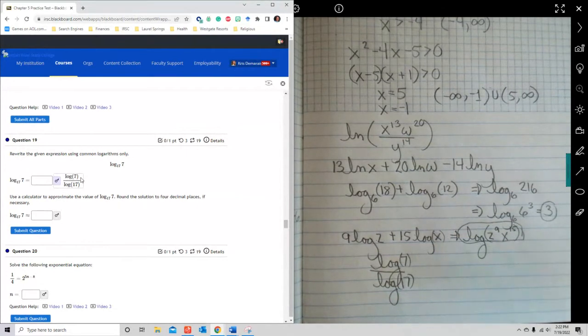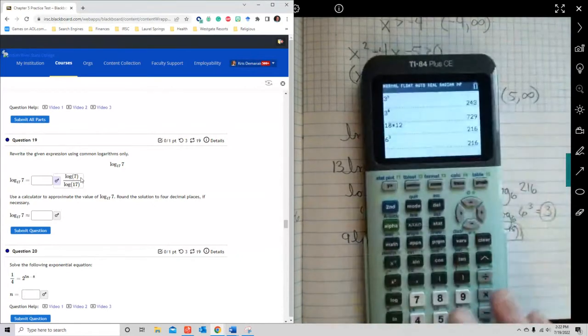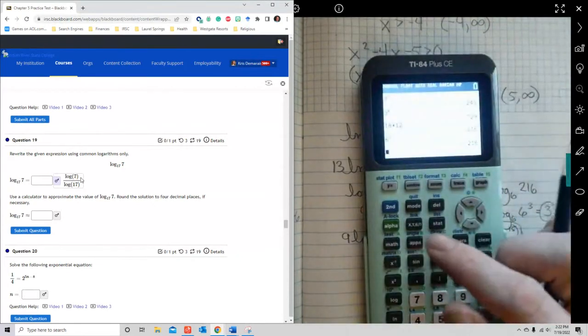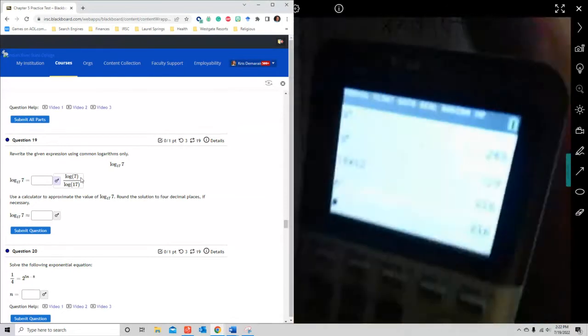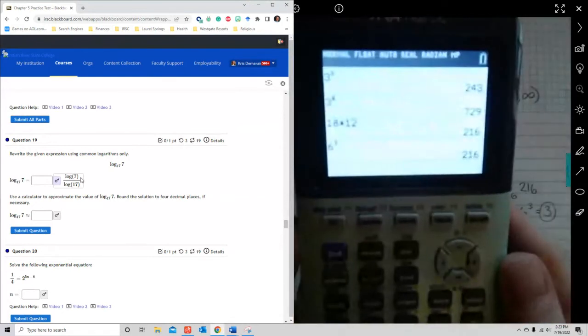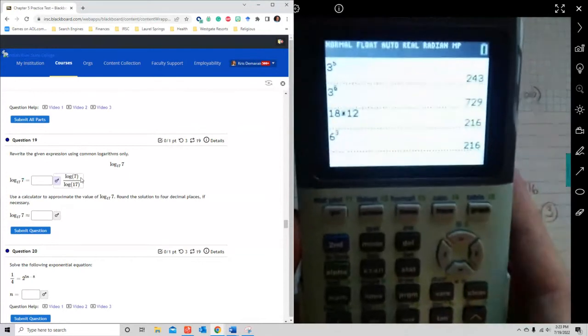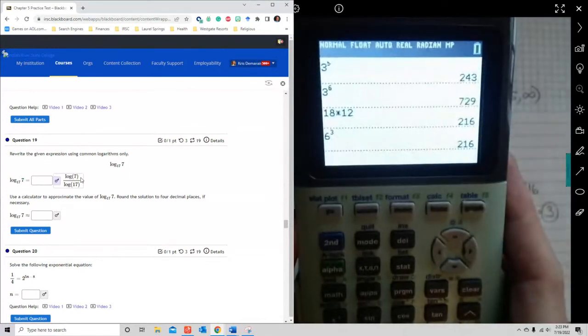Okay. Now, when we're looking at this, we want to go ahead and evaluate it. So we're going to take the calculator and do that. Now, all you got to do for this is punch it in. Because it wants this common log, right?